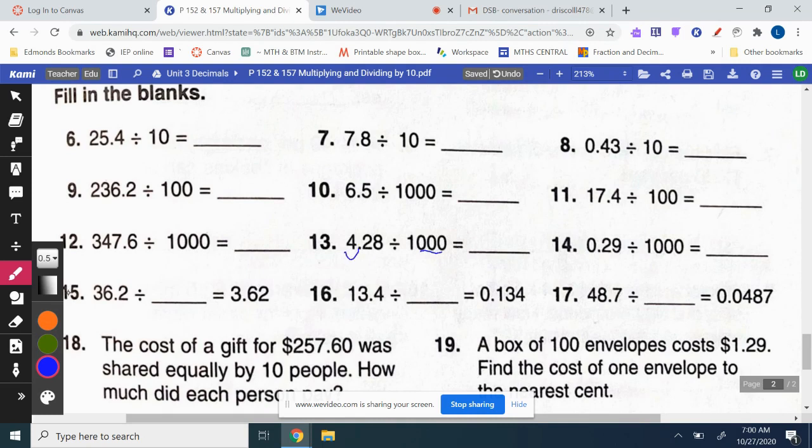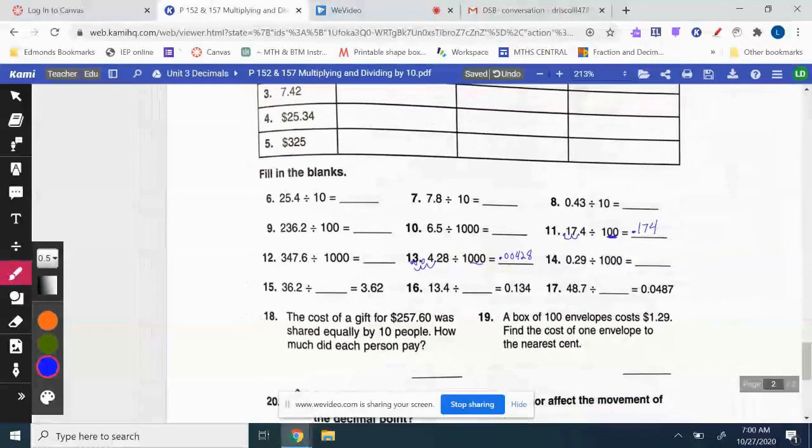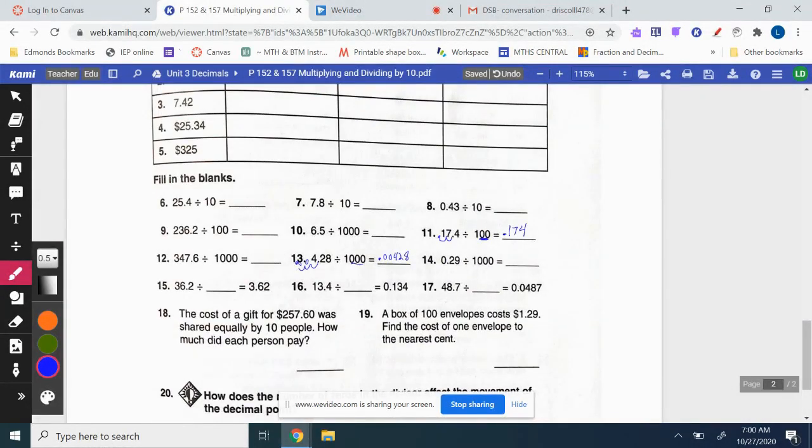So 1, 2, 3. Put my decimal there, and zeros go there. So I'm going to have 0.00428. I make my number smaller on number 11 by 2 spaces. So 1, 2. Put my decimal there. No filler zeros, so I just write it. So go ahead and give this a try and come see me during office hours if you need.